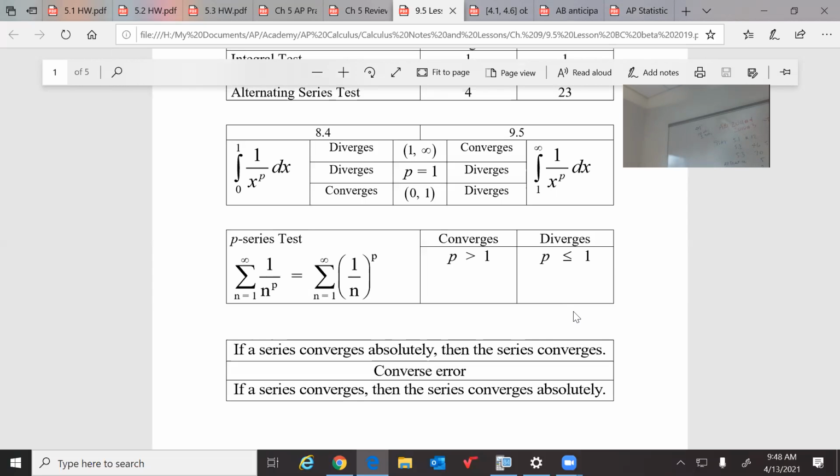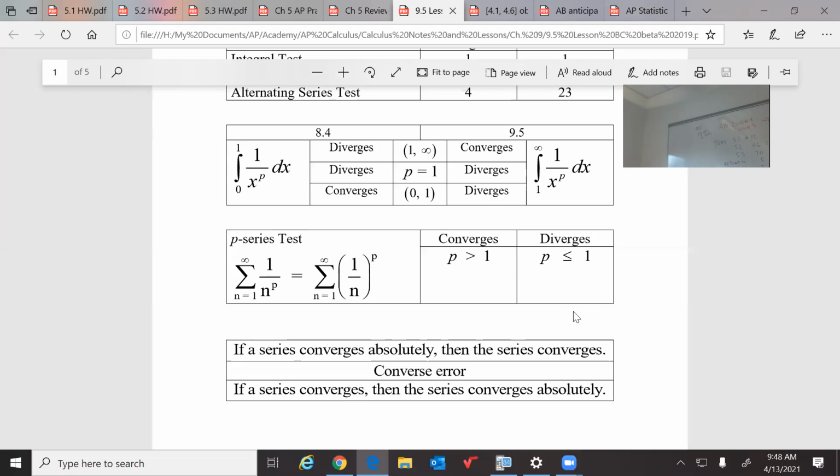So we're going to go back to absolute and conditional convergence. If the series converges absolutely, if the absolute value, ready? If the absolute value converges, meaning it converges absolutely, then the series converges.